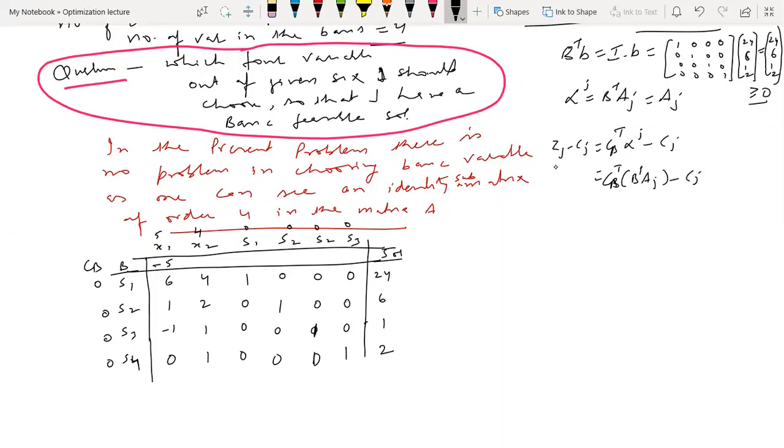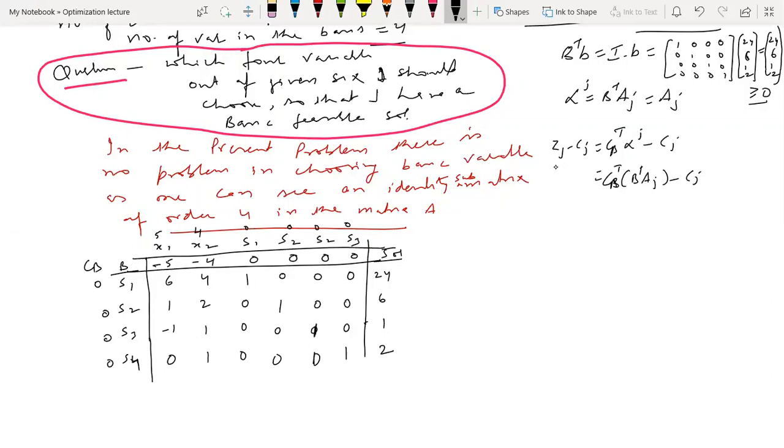And we know that B inverse Aj is alpha j, so these columns are my B inverse Aj. So Cb multiplied by this column, I am taking this product, which is 0 in this case, minus C1 is minus 5, minus 4, 0 0 0 0.